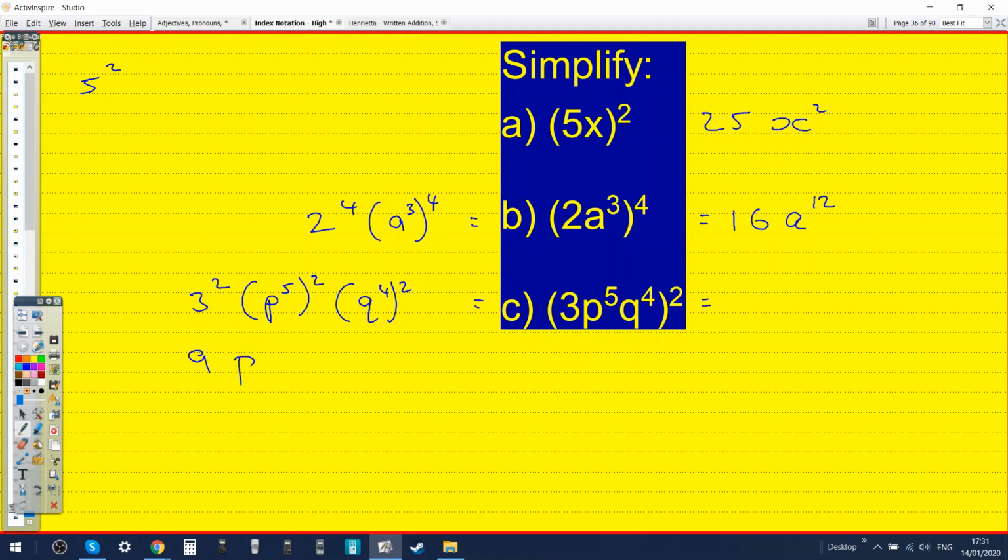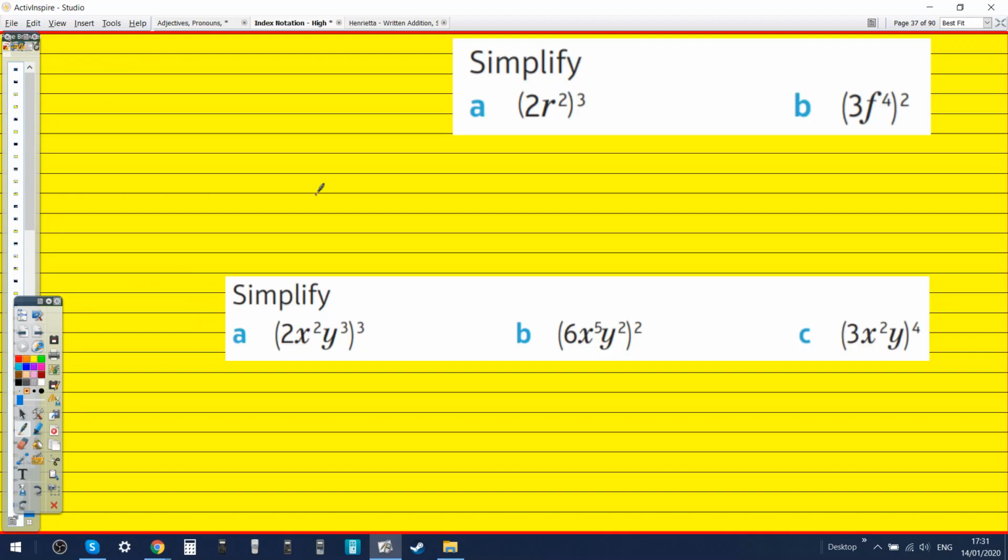Yep. And then q8. That's it. Well done. Any questions about that? It just takes a bit of working with. Try question A up the top.